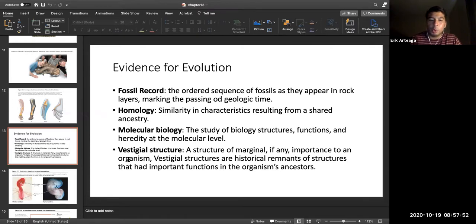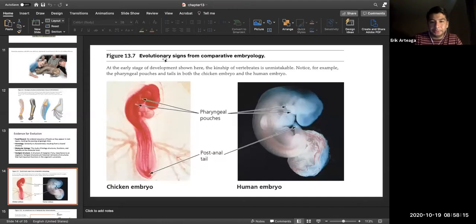Whales will have a specific bone in their abdomen that is a remnant of a hind leg. That bone is there now, and it's eventually going to be absent as the generations continue. You also have homology within embryology.